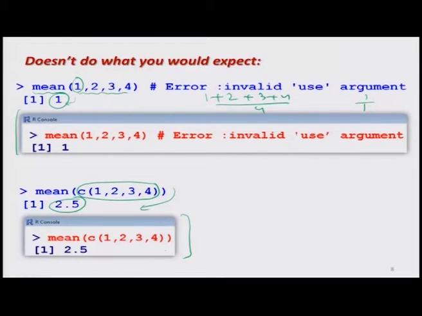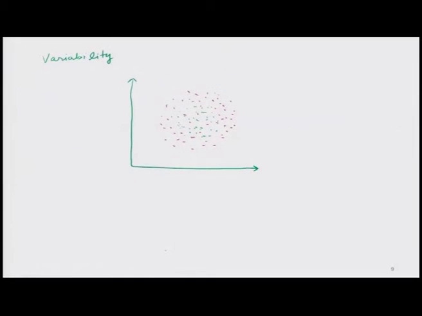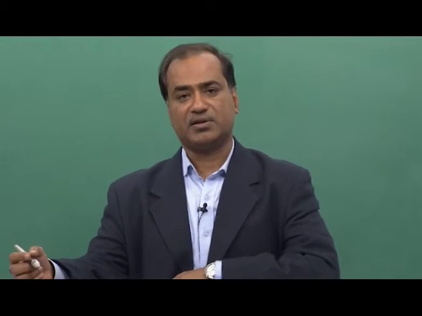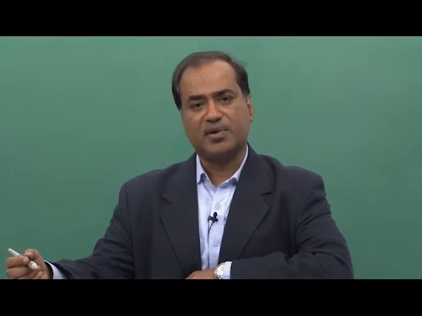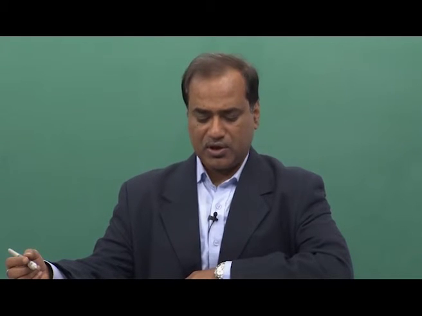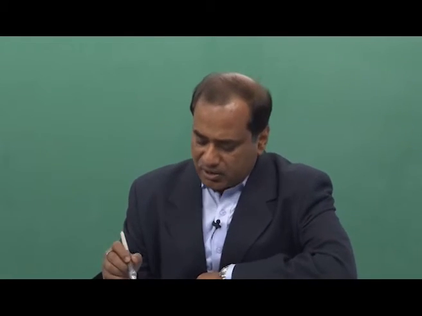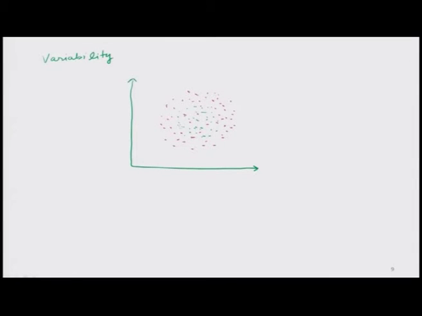We have talked about mean. Now there is another aspect in the data analysis that is called variability. What is this variability? First we need to understand. So now if you try to see in this slide, I have created a small picture. This picture is actually having two colors of dots.